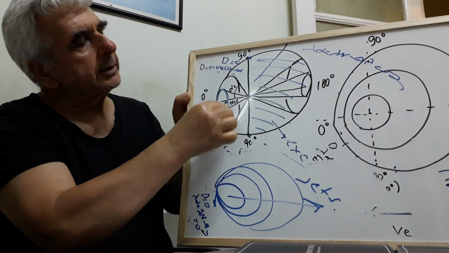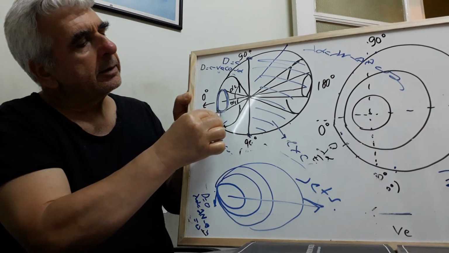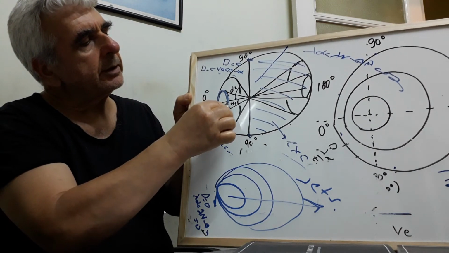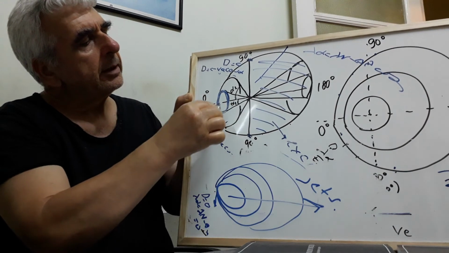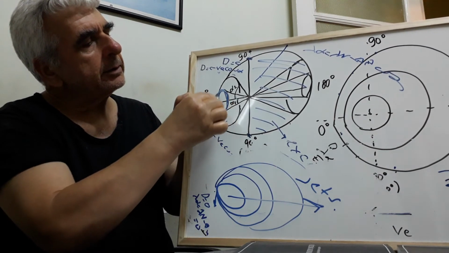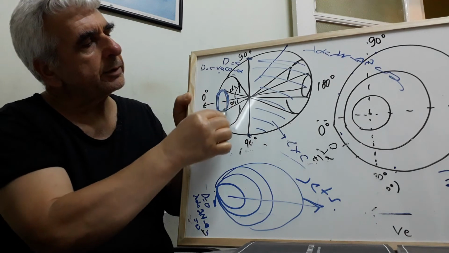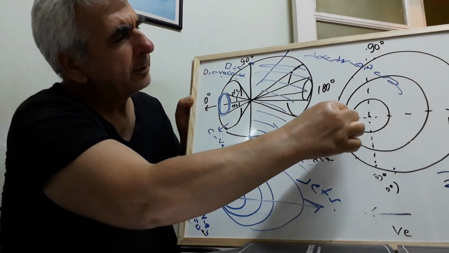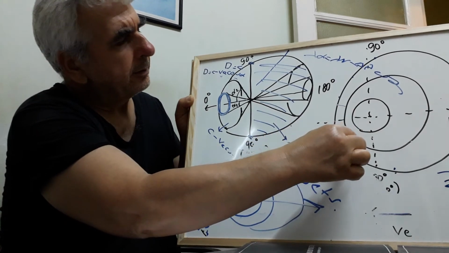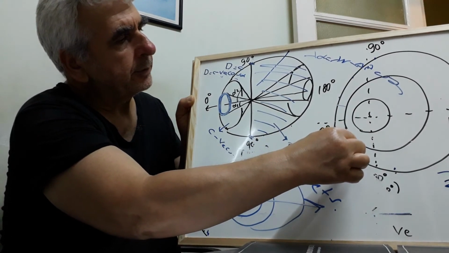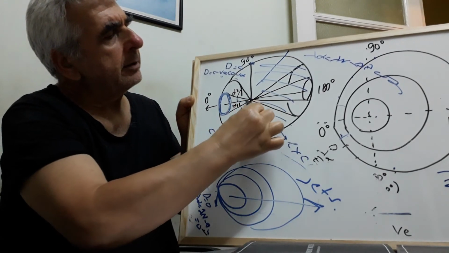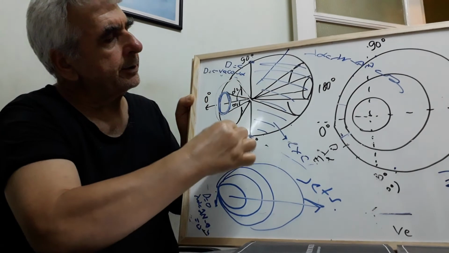In this circle, wave velocity here, and wavelength here, and point energy, three-dimensional, projection like this, and angle enlarged like this.